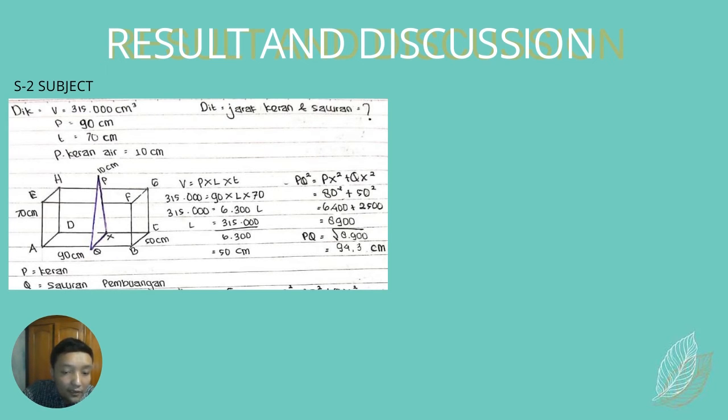Then subject S2 creates a mathematical expression with mathematical symbols. From the symbols that have been written, subject S2 continues by making a completion plan with mathematical formulas.